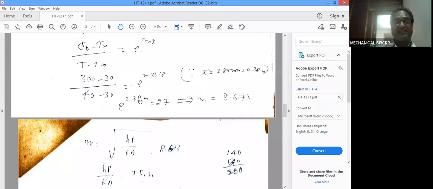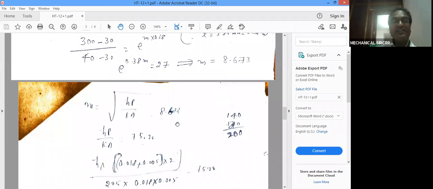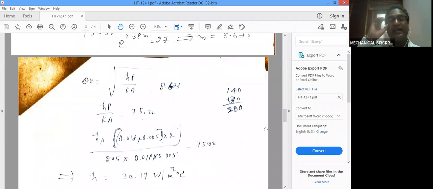From this, e power 0.38 m is equal to 27, which implies the m value is 8.673. But how do you define m? Yesterday it was given.